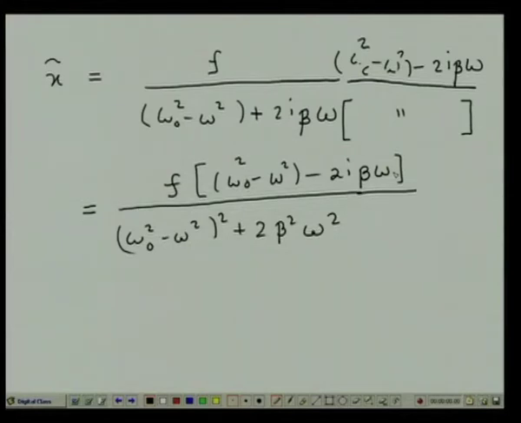So, this has a real and imaginary part. This is the real part. We are not interested in that. We are interested in the imaginary part.